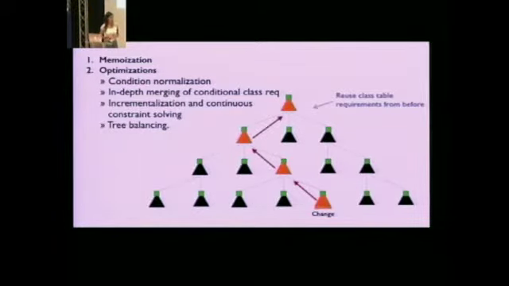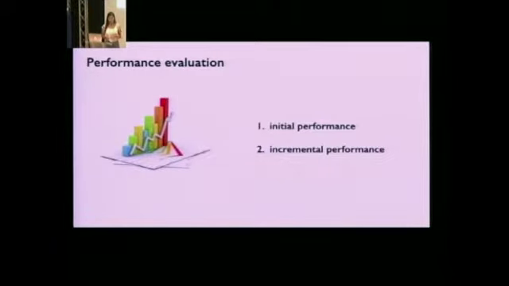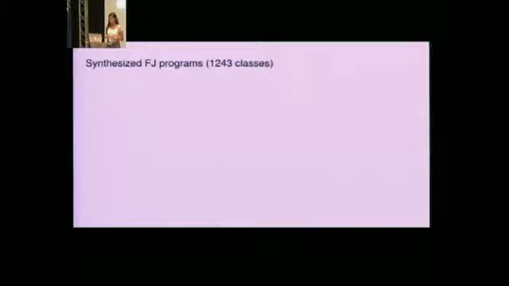We also did a performance evaluation where we first measured the initial run and then the incremental run after a certain change happens. We conducted this evaluation on synthesized Featherweight Java programs and on real Java programs. First, let me show the results for synthesized Featherweight Java programs, where we synthesized about 1,243 classes.